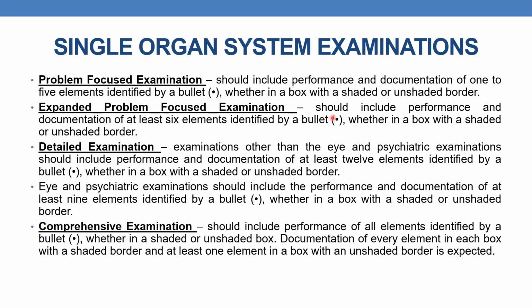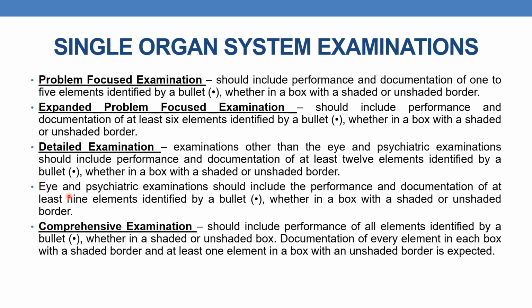And for expanded problem focused, it should include performance and documentation of at least 6 elements identified by bullet, whether in a box with a shaded or unshaded border. For detailed examination, examinations other than eye and psychiatric examination should include performance and documentation of at least 12 elements identified by bullet, whether in a box with a shaded or unshaded border.